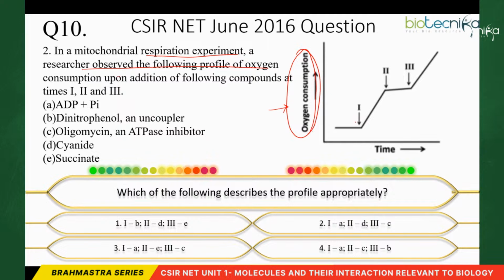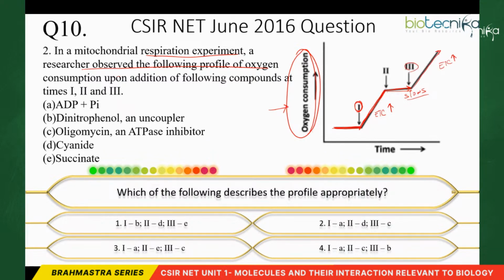Oxygen consumption is not happening here, and then after you add something, oxygen consumption increases. This is only possible when the electron transport chain is increasing. Then the electron transport chain slows down. You can see it has not stopped completely, otherwise it would have become constant. It has slowed down very much. Then again, after adding something, it has increased.